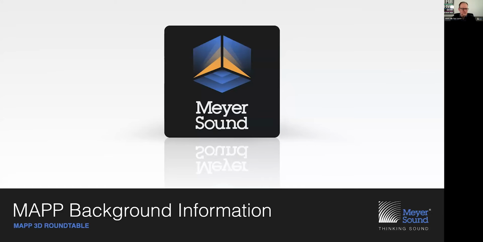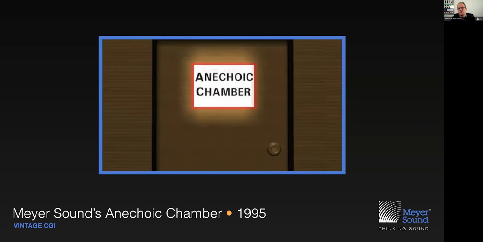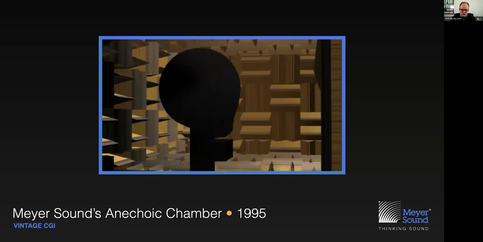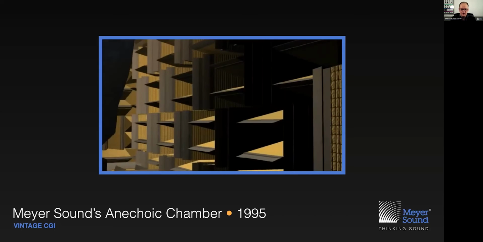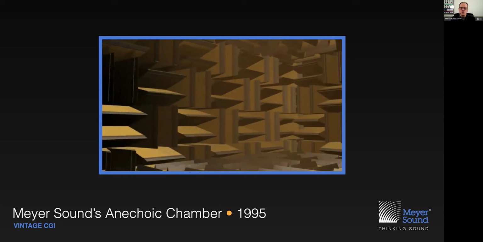So as promised, let's start with some background information regarding MAPP. The development of MAPP basically began when John Meyer decided to build the anechoic chamber in the Bay Area in 1995. Now, what we see here is a vintage piece of computer-generated imagery, CGI. We're about to enter the anechoic chamber. Camera is about to swivel around, and we see the door close behind us.